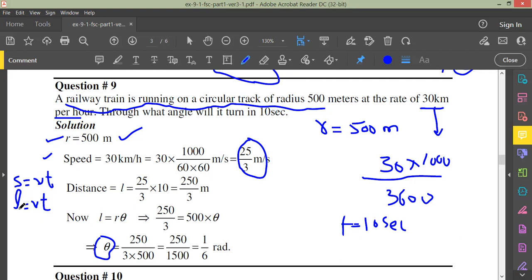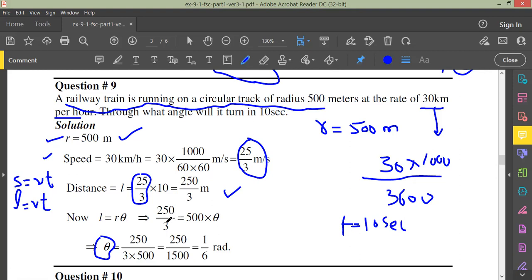So our L or S will be equal to 25 over 3 multiplied by 10. This will be equal to 250 over 3. So the value of L is 250 over 3, and the value of R is equal to 500. To find the angle, we simply write L is equal to R theta.